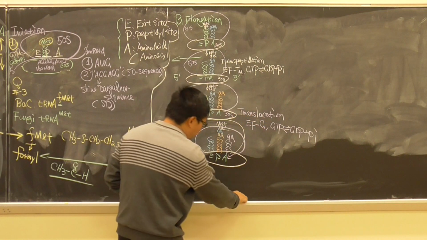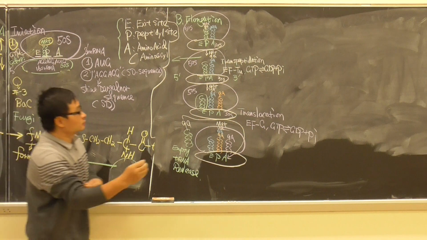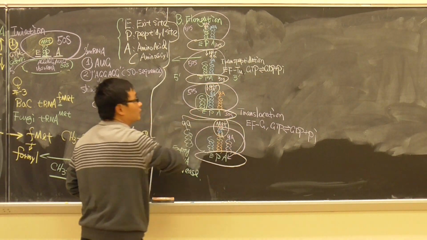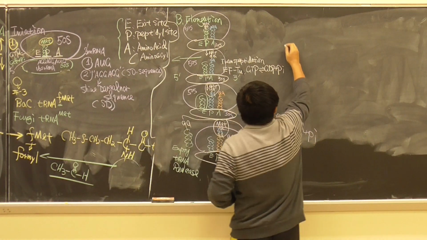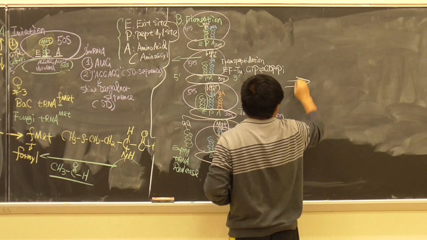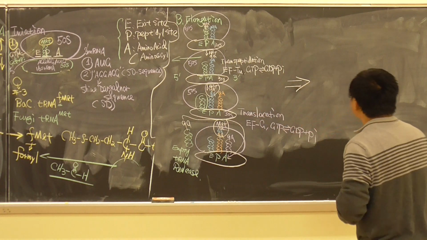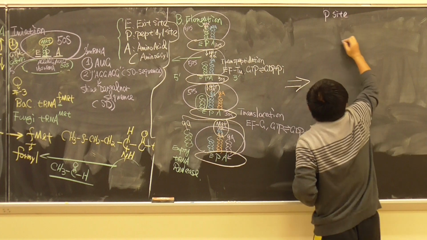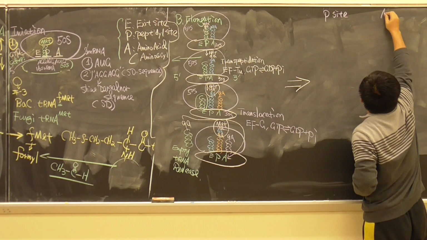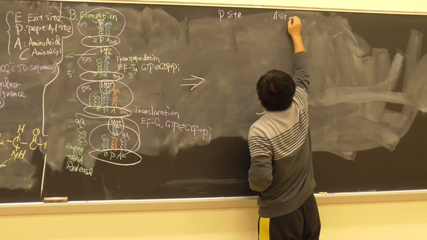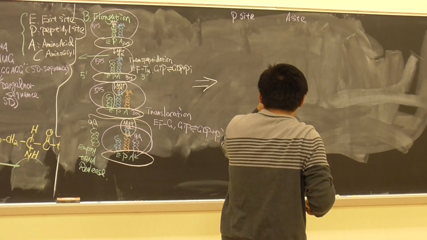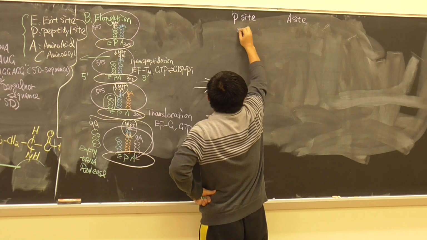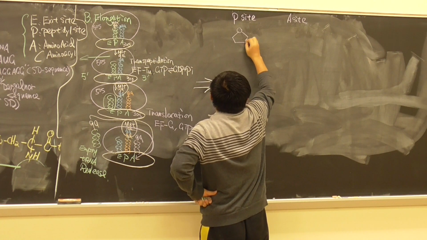Now, you might be a little bit confused about what happened here. I know what happened here. So we're going to explain to you right here. This is the P site. It's going to be the A site. Let's say on the P site, we already have a 5 carbon there.